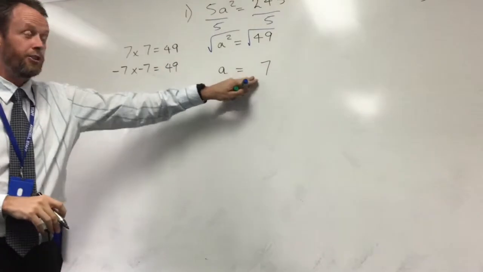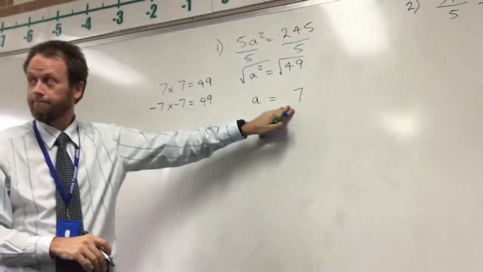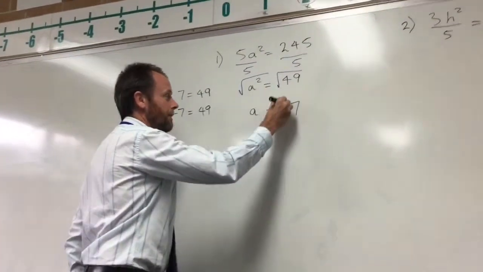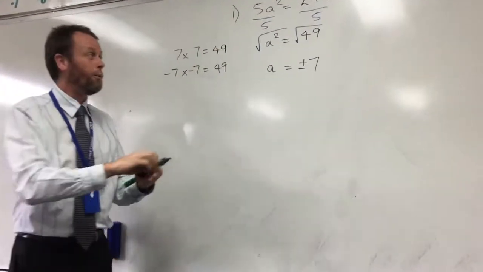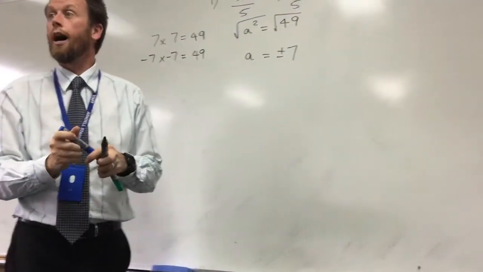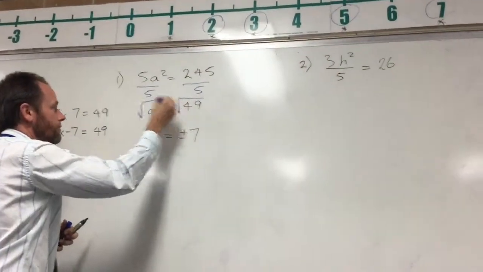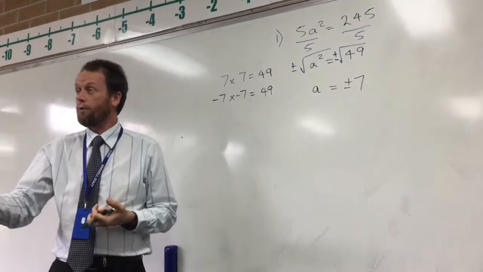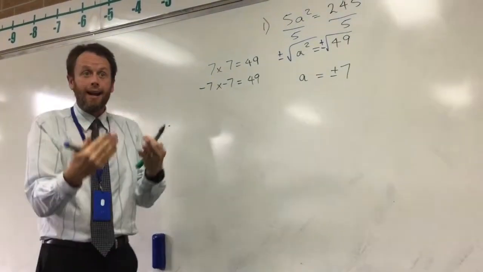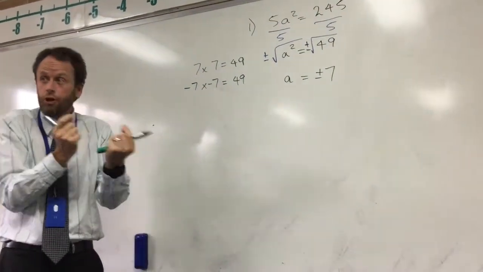So that's not my final answer. My final answer must be plus or minus 7. So really, up in here, I should also have that. Because when I find the square root of a number, that answer could be either positive or negative.